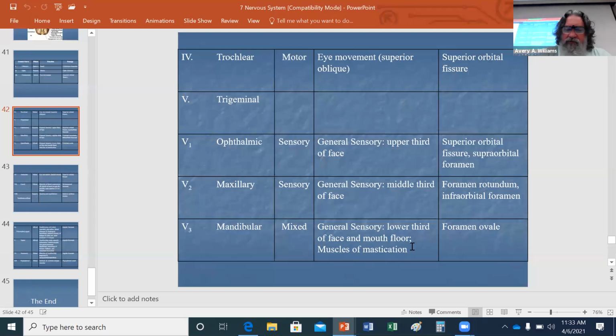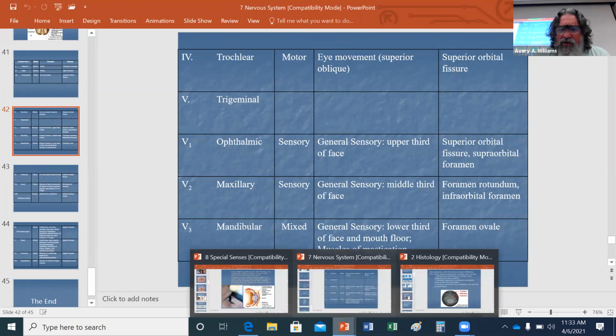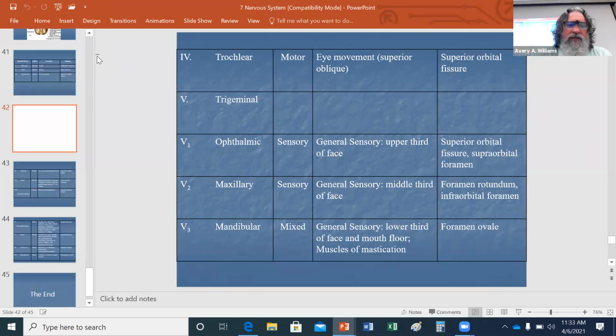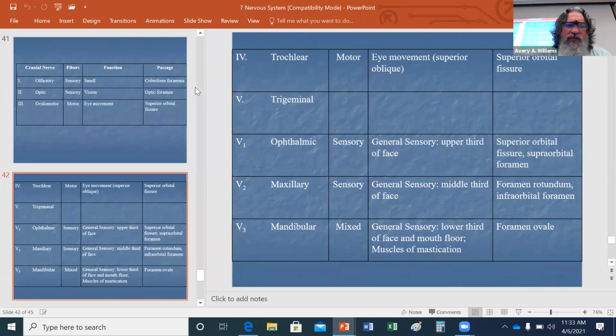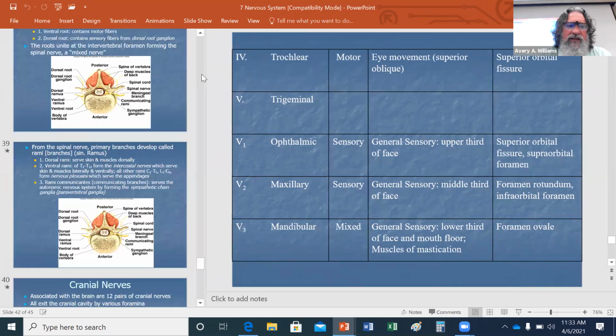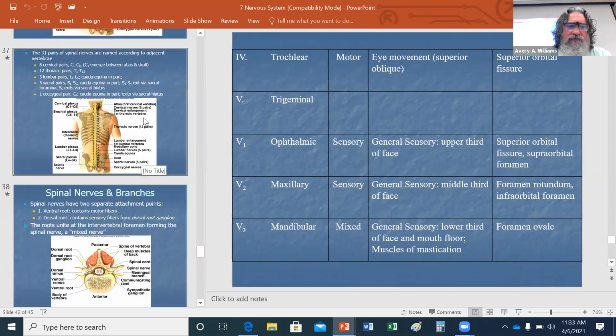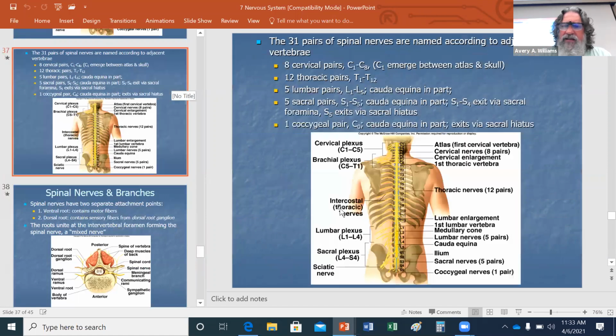She's asking about, wait, let's see. Spinal nerves, I think, like this, cervical plexus, brachial plexus.